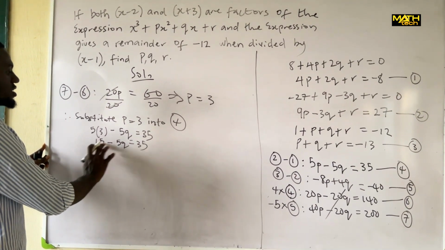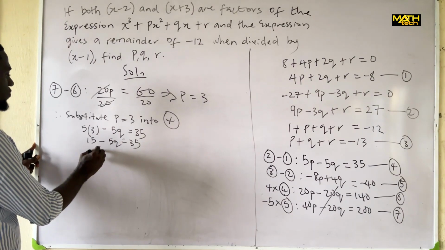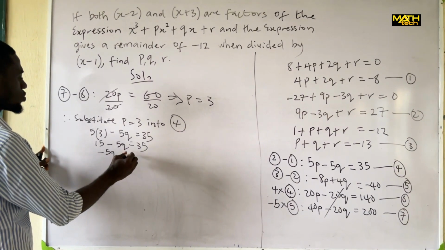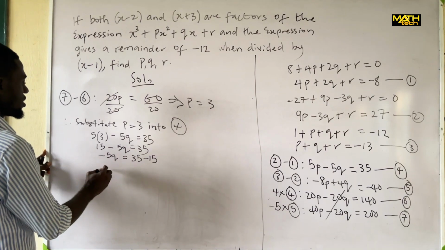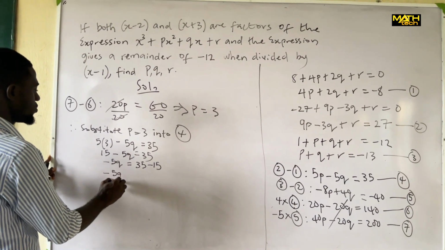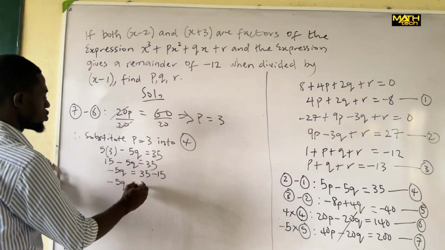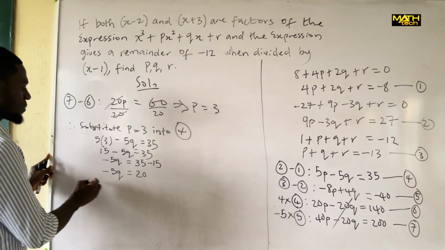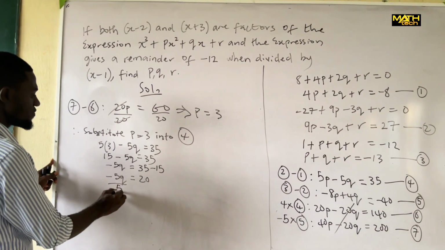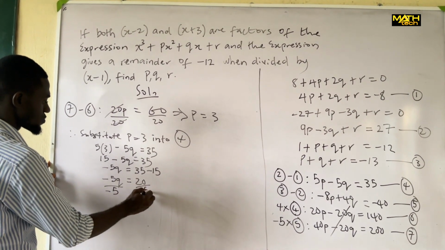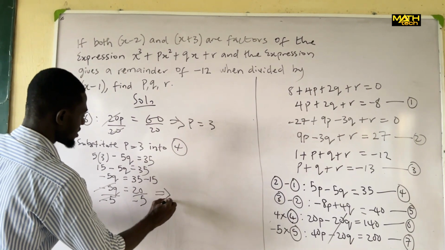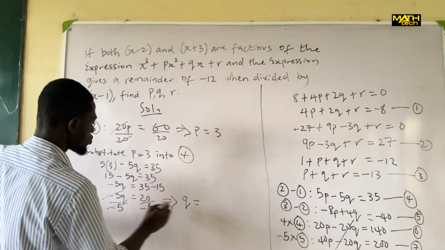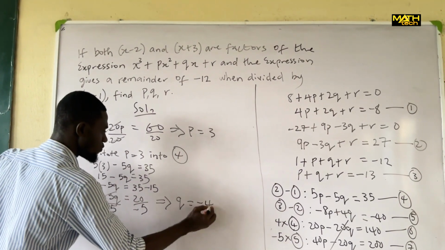When this crosses over, we'll have minus 5q equal to 35 minus 15, and minus 5q is equal to 20. So dividing both sides by minus 5 to get the value of q, it implies that q is equal to minus 4.